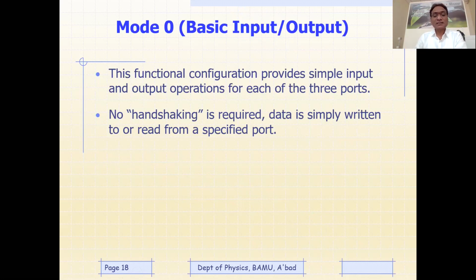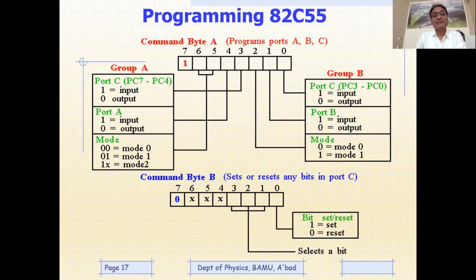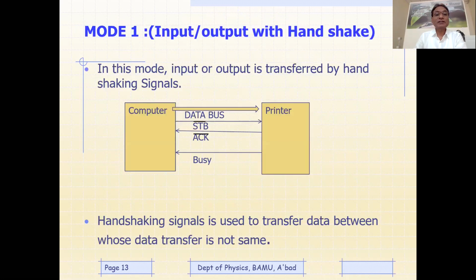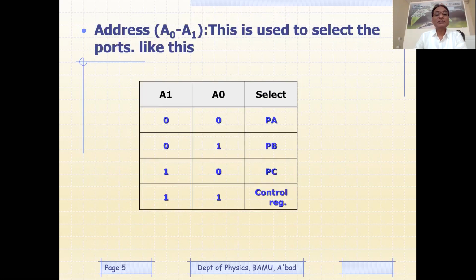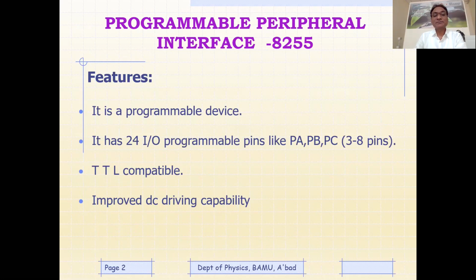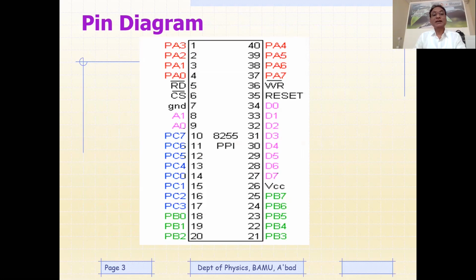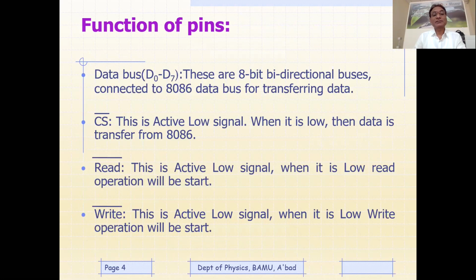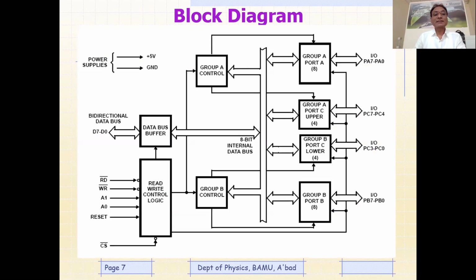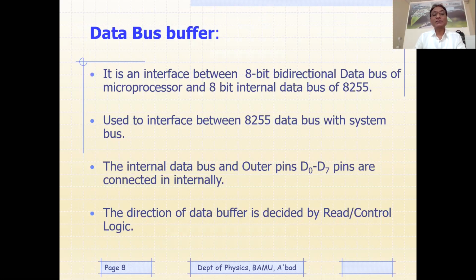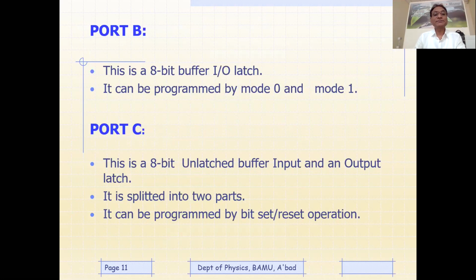Now, as far as all 3 modes are concerned, we are going to discuss these 3 modes in detail later, because today we started with the general features. Then we talked about the pinout diagram of 8255. Then we talked about the functionality of all those pins. Then we discussed the block diagram and functionality of each and every block of 8255.